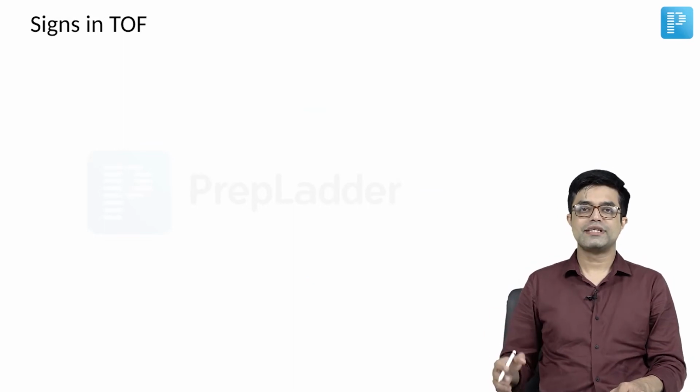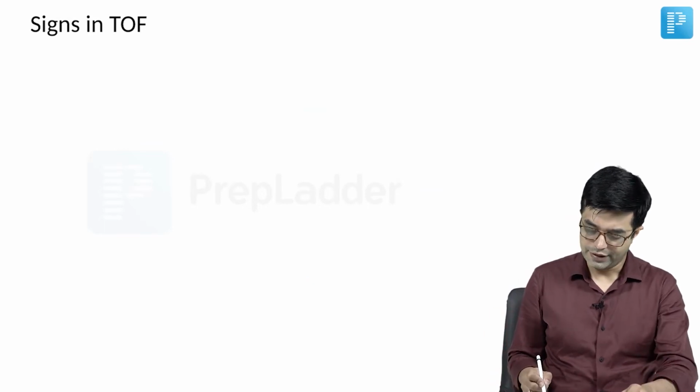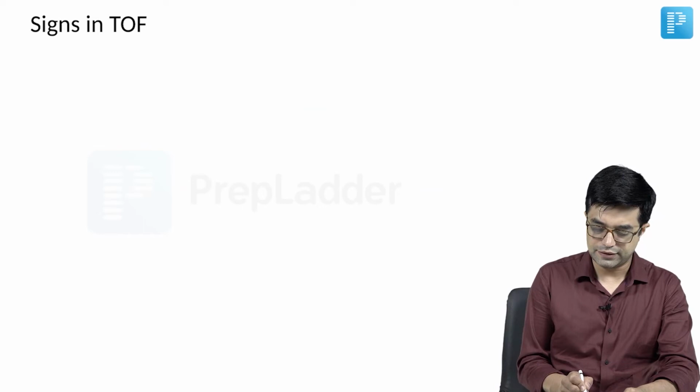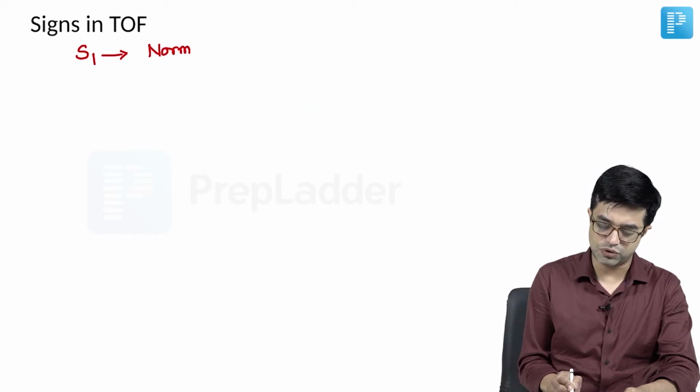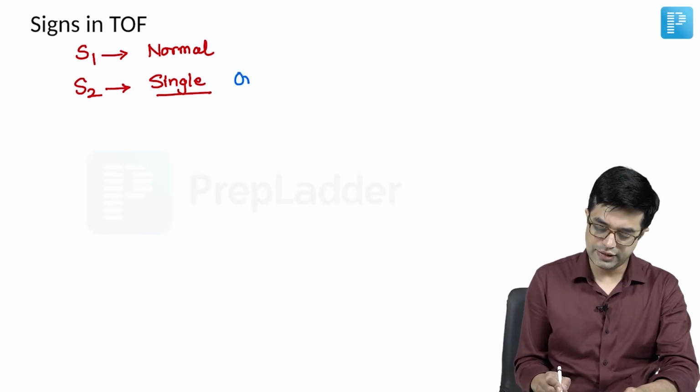Moving further, what are the signs in tetralogy of Fallot? First of all, you will find that the first heart sound, S1, will be found to be normal in most of these patients. The second heart sound is usually found to be single. Why single? Only the A2 component is heard.